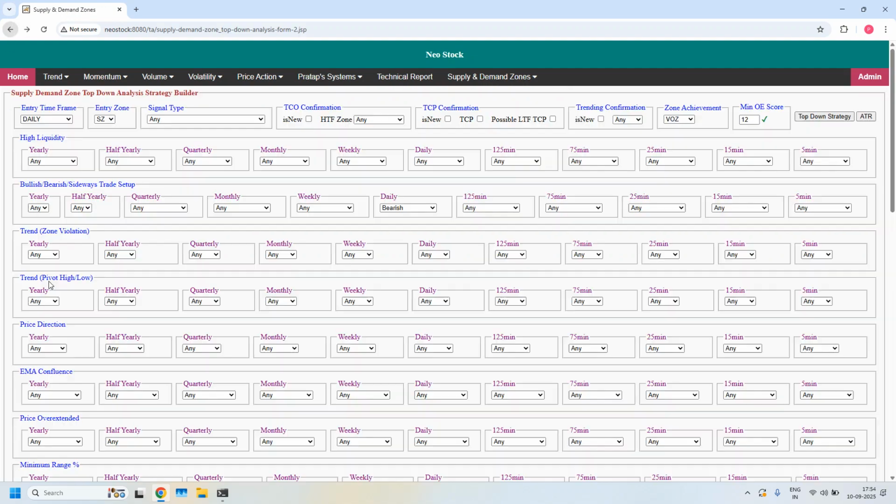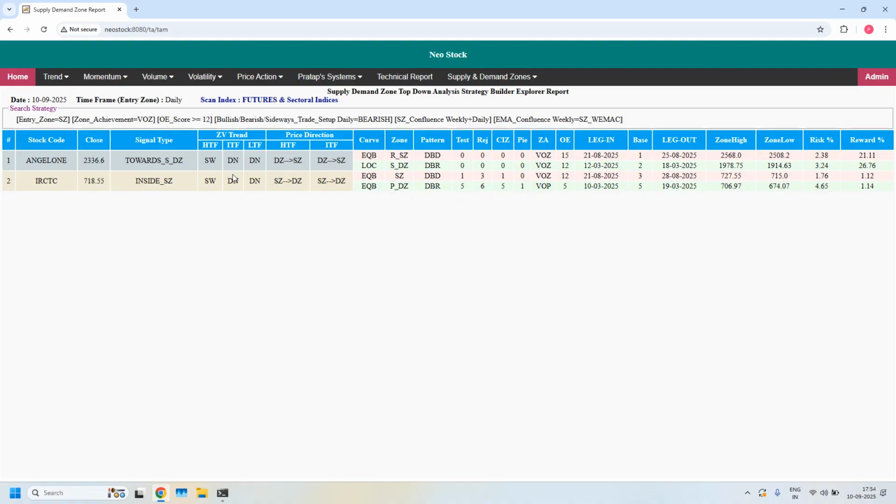We can further filter this list based on weekly supply zone having weekly EMA confluence, because daily supply zone overlapped with weekly supply zone, and weekly trend is a downtrend. So these 2 stocks are filtered. These 2 stocks might have a higher probability of success, provided less than 20 checklist items are satisfied. Otherwise, there are higher chances of zone violation.